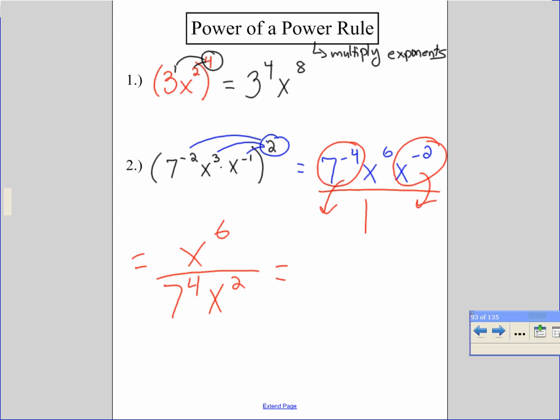Now what, Briar? Think about the rules from yesterday. Hint, hint, divide. And you're dividing same base. What do you do, Briar?